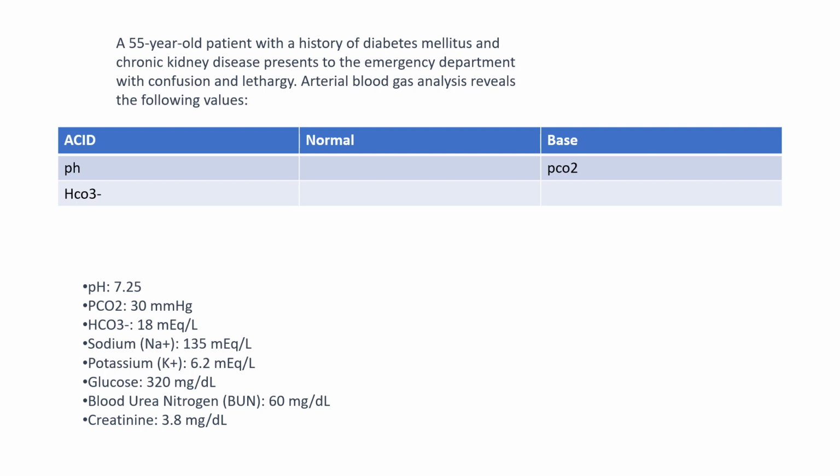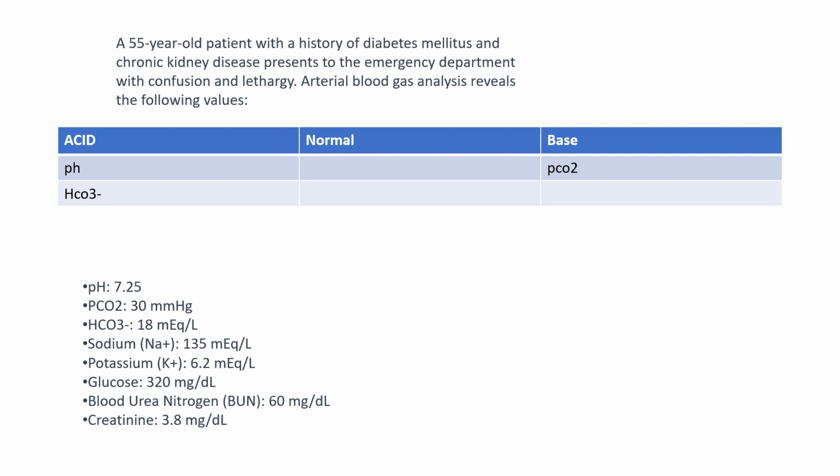Now what do I mean by compensation? Compensation is basically the body trying to cure this metabolic acidosis on its own. In diabetes there is always metabolic acidosis, so our body tries to bring the acid down by increasing the base.